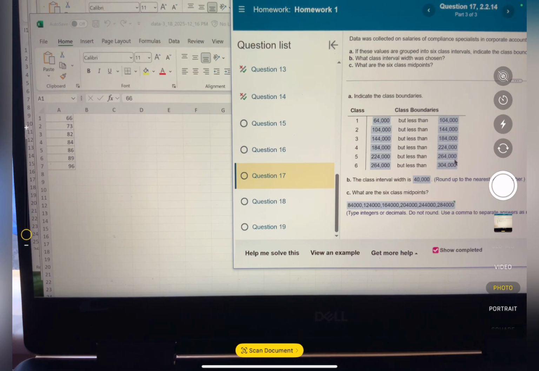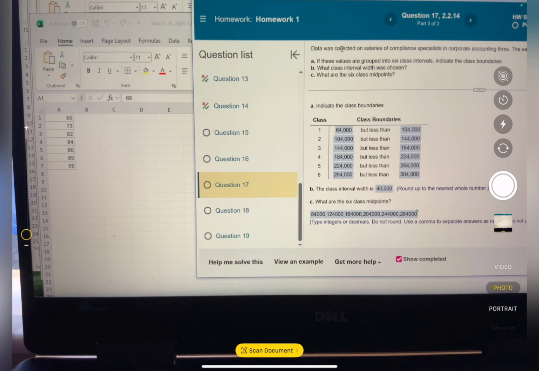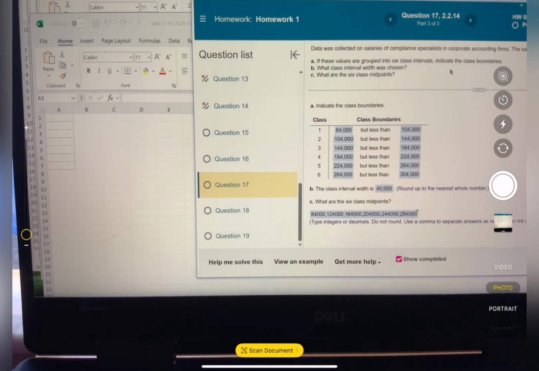So, data was collected on salaries of, let me clean this so I can use it. Highlighting and click the delete button. Data was collected on salaries of compliance specialists in a corporate accounting firm.